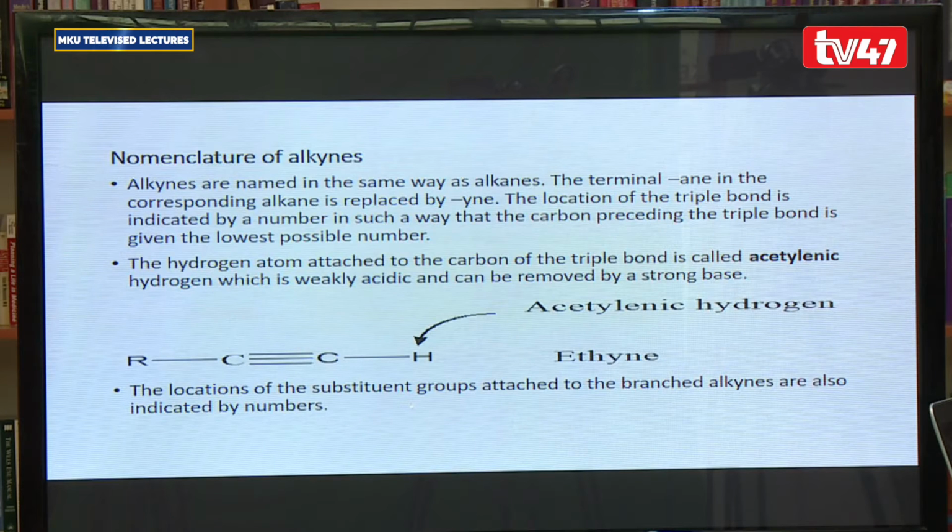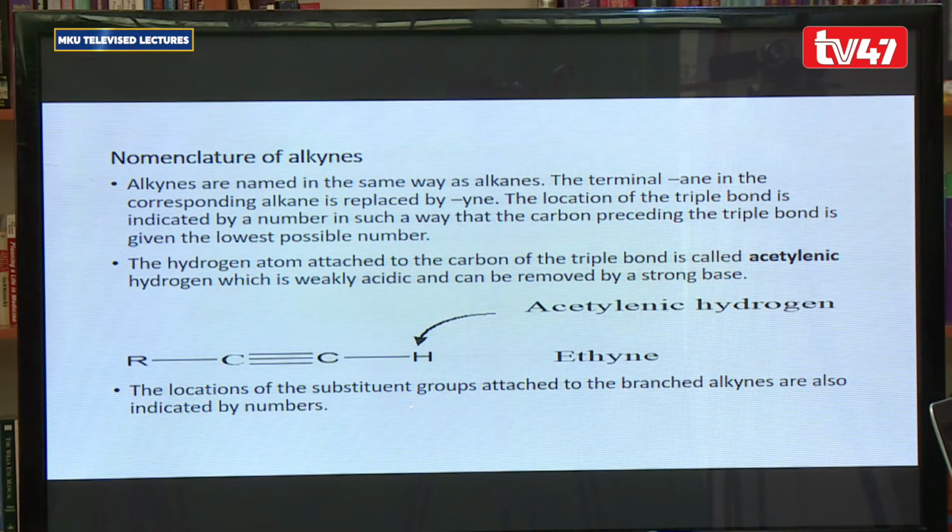So the simplest of alkynes is one with two carbons bonded together. If you have only two carbons, then it is an ethyne, and therefore the other elements are hydrogen. But then you can have other alkynes where one of the carbons, or both of the carbons, are bonded to alkyl groups.